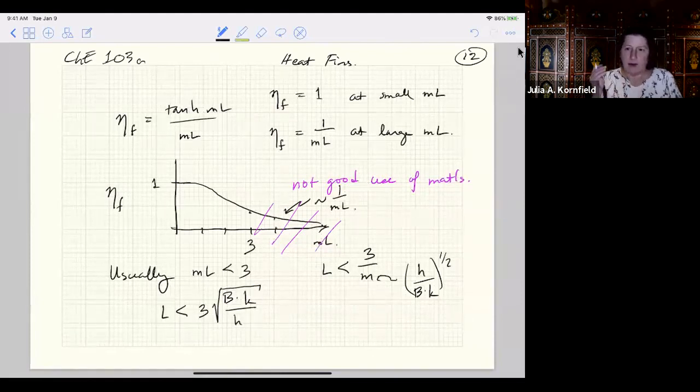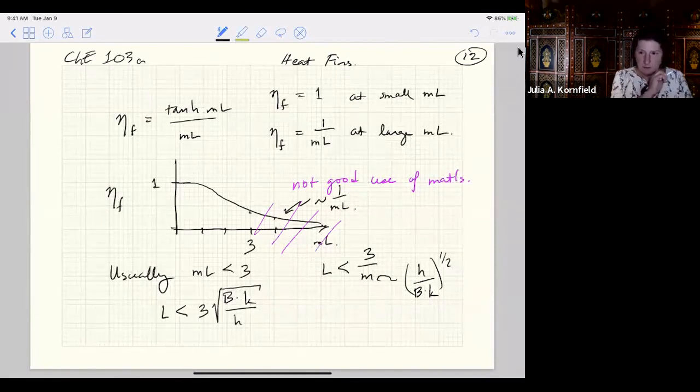So now we have two tools for design. One, to help us figure out, is it possible for us to get as much energy as we need to get out? Based on the choice of a material, does it have high enough conductivity? And then the geometry, and in view of the heat transfer coefficient.